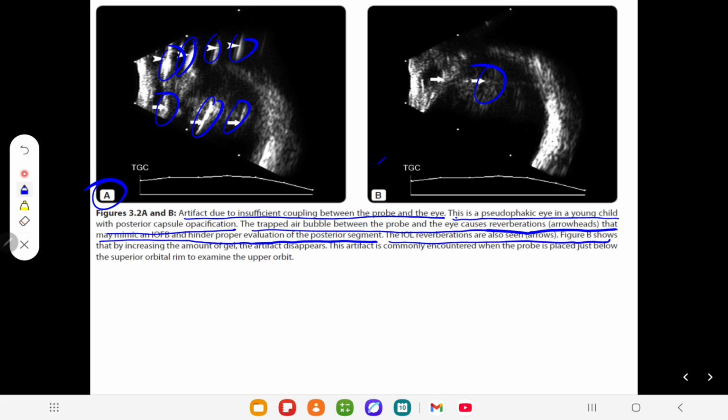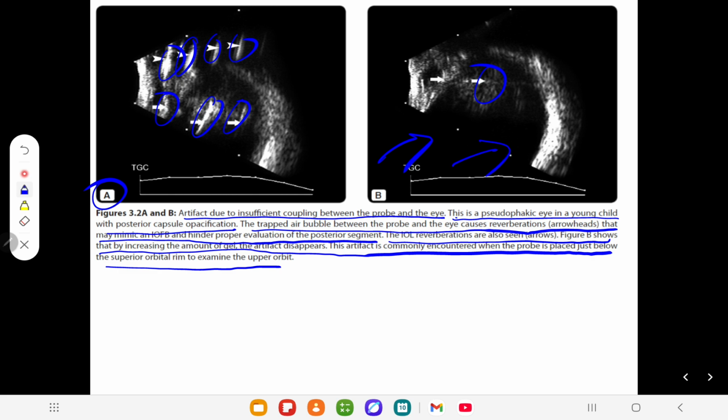In figure B, with an increase in the amount of gel, the artifact disappears. The artifact is commonly encountered when the probe is placed just at the superior orbital rim to examine the upper eye. Compared with A, in B the reduction of artifacts is huge, just by using coupling agent.